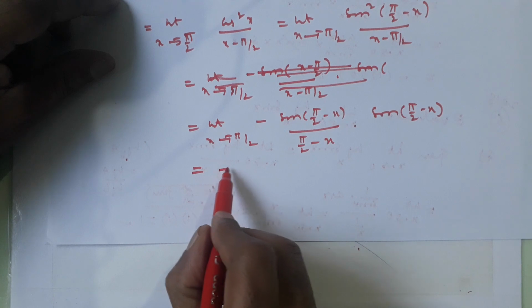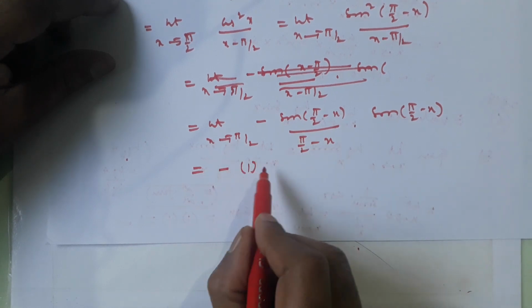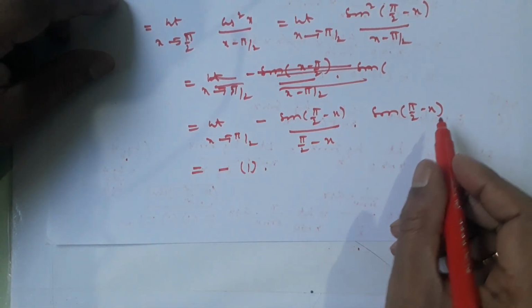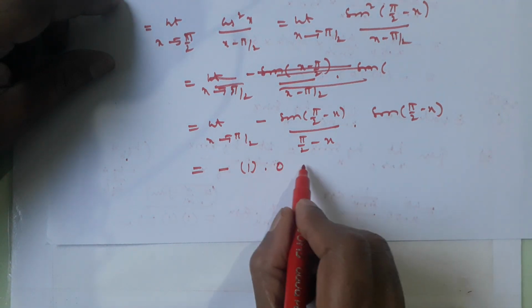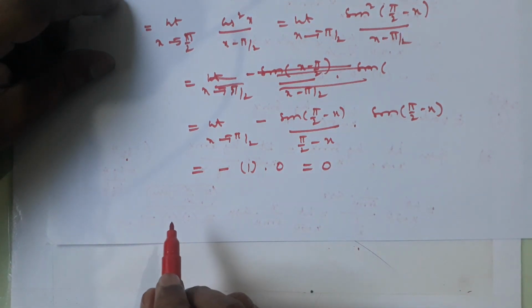This is equal to minus, this value is 1 and this value is sin 0, which is 0. So it is equal to 0.